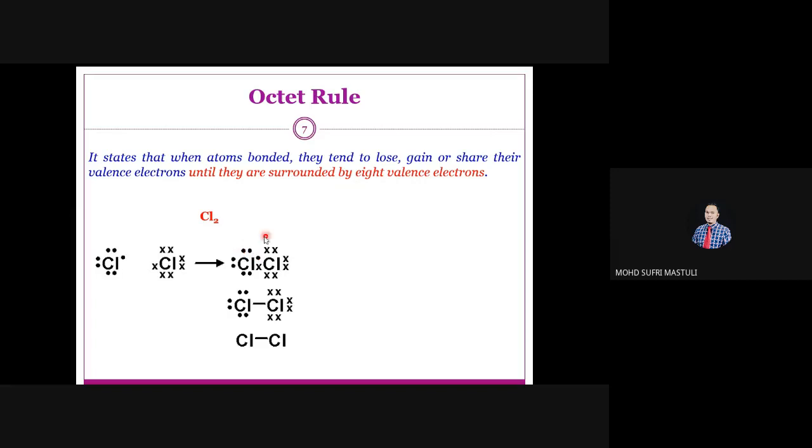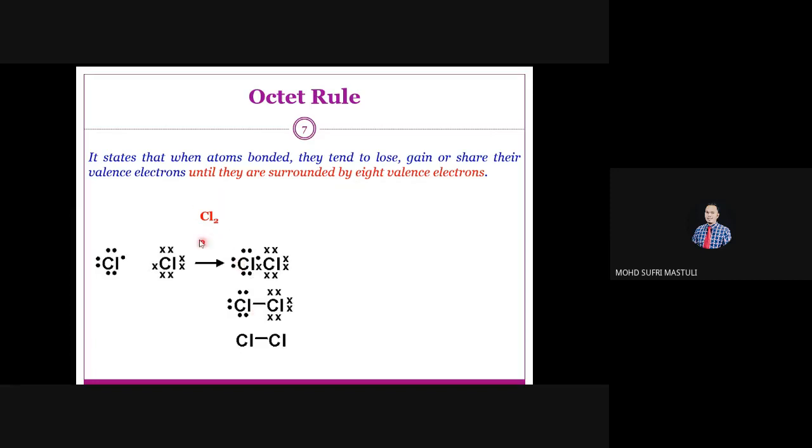So this is the Lewis symbol. This one shares one valence electron. This one shares one valence electron. If they are sharing two, 1 plus 1 is 2 valence electrons, so it is a single bond. If it is 4, it is double. If they are sharing a total of 6 valence electrons, this one becomes triple.